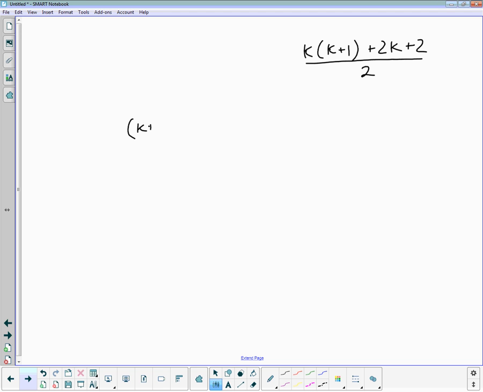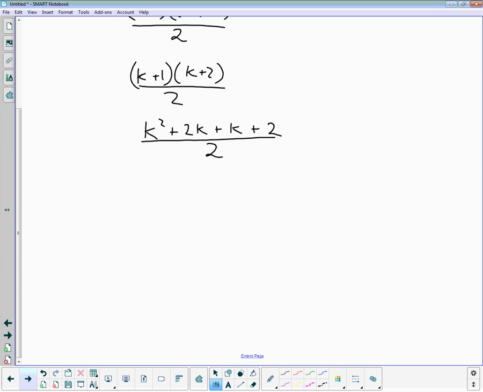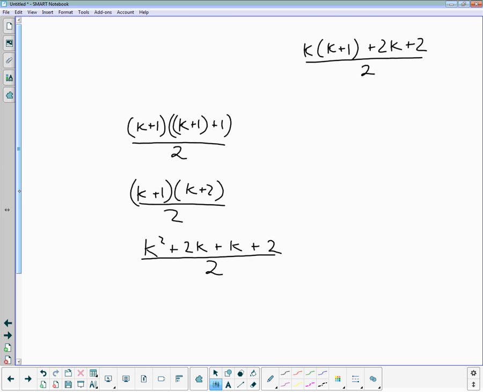Our final honest to God answer is supposed to look like this. Right? That's what our final answer is supposed to be. So let's toy around with it and see what happens. Wait a minute. That looks vaguely familiar.